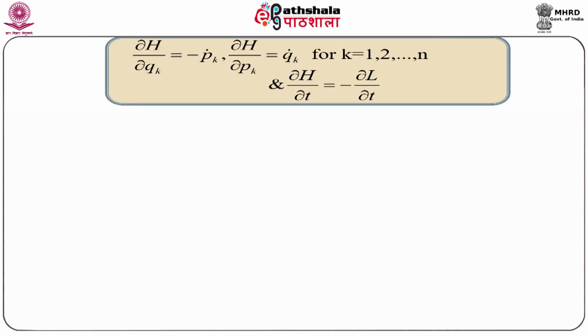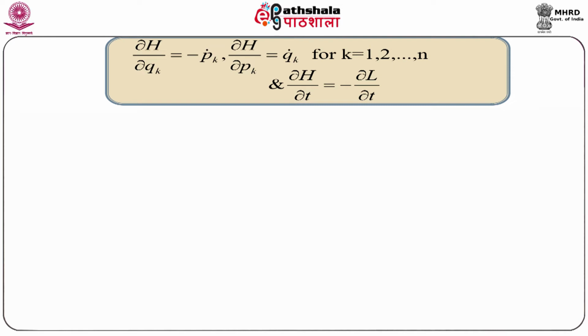Equation 4.22 is true for all arbitrary variations. Hence, we have del H del qk equal to minus pk dot, del H del pk equal to qk dot. These are valid for k equal to 1, 2 up to n, and del H del t equal to minus del L del t.